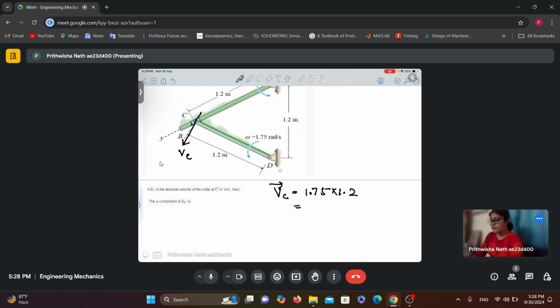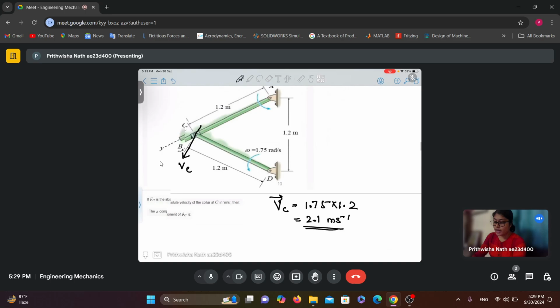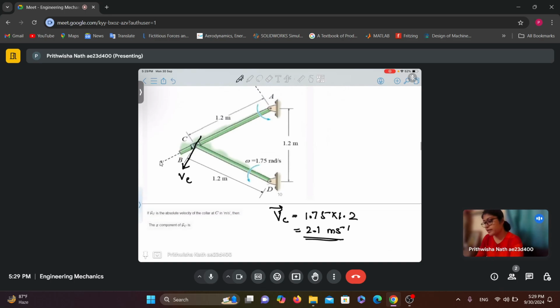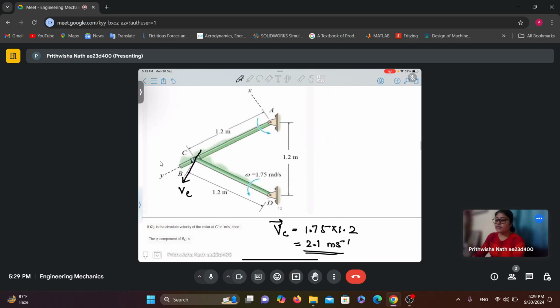So this becomes 2.1 meter per second. Now we are asked to find the x component of VC. That is VC with respect to this xy coordinate, right?